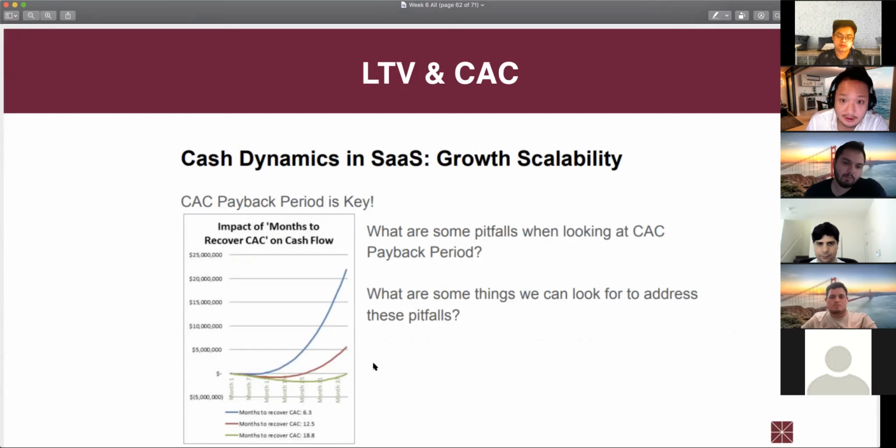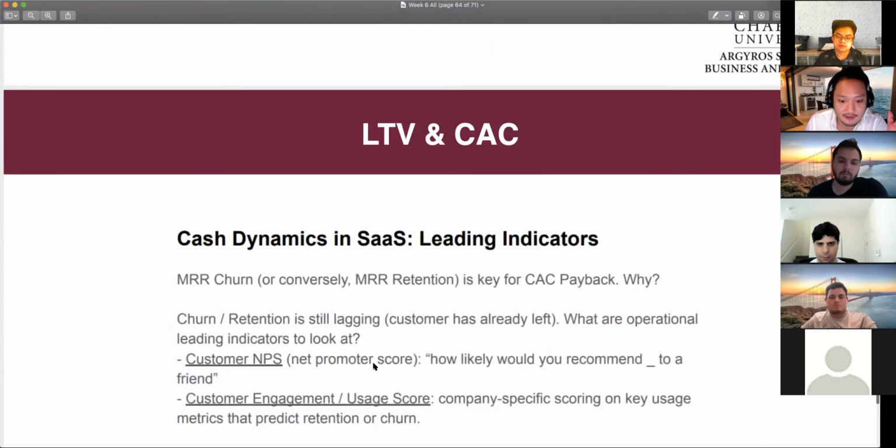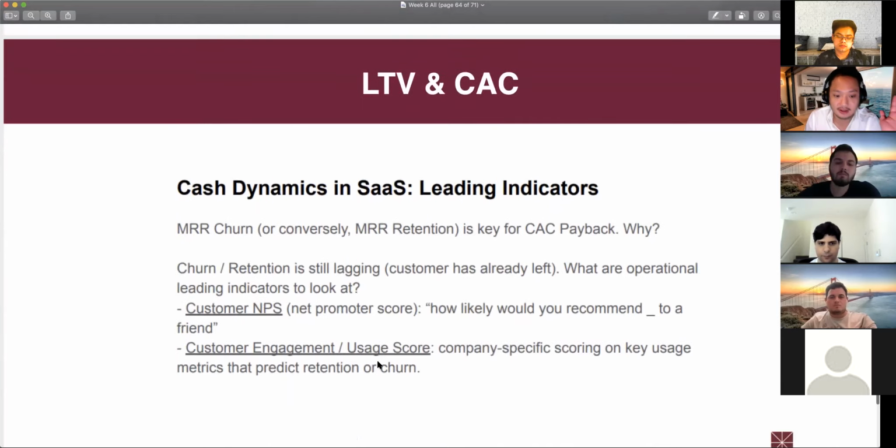So one of the key things to focus on is understanding net promoter score and customer engagement levels. If you're running an online business, like an e-commerce business, you want to see your web traffic results, how actively your customers are engaging on your social media posts, and how often they are logging in.